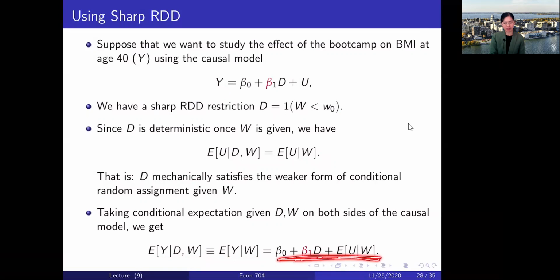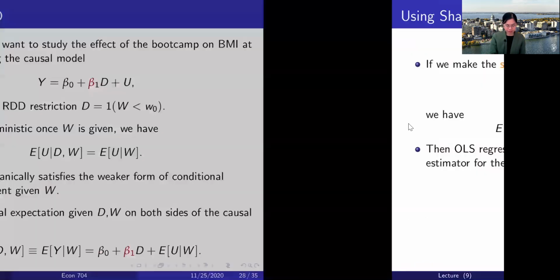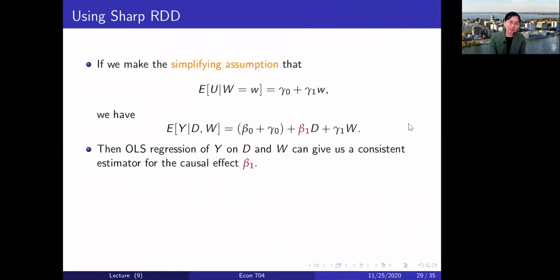So this is simply applying this conditional expectation on the right-hand side, and this will be what you get, knowing that D is a non-random function of W. All right, now let's make the simplifying assumption that E[U | W] is linear in W. If we make that simplifying assumption, then E[Y | D, W] will be, remember, beta 0 plus beta 1 D plus E[U | W].